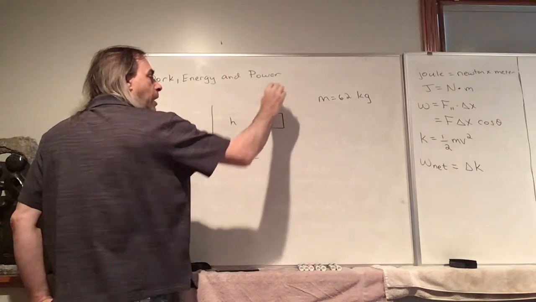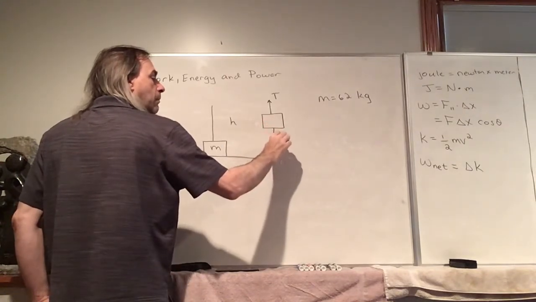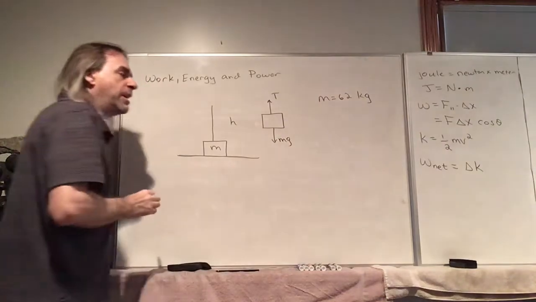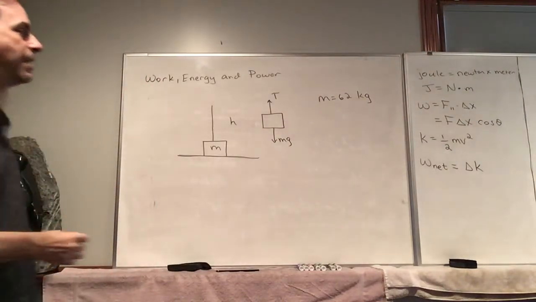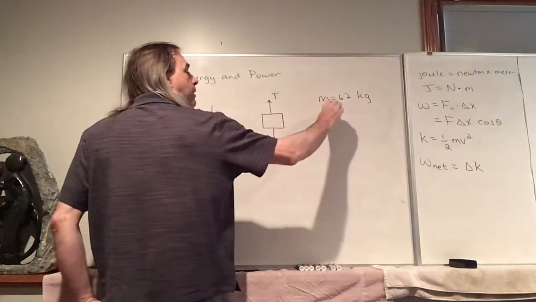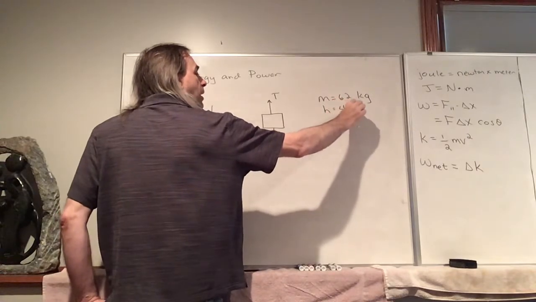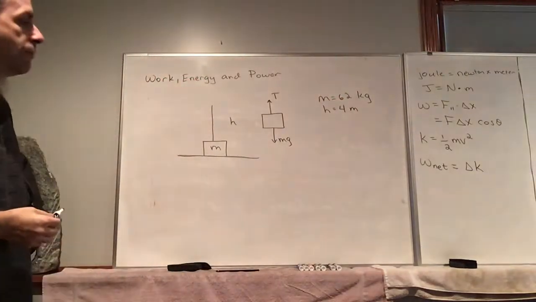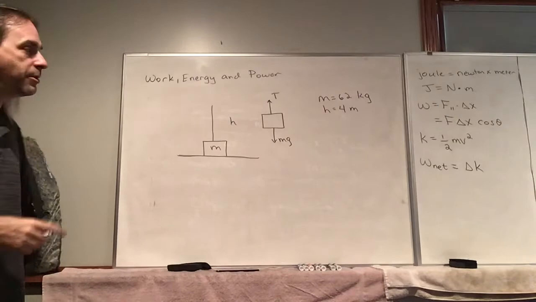So let's just say we look at some point. We have tension up and gravity down. Let's calculate the work done by, say, tension. Let's lift at a height of 4 meters. So we lift it vertically up 4 meters.